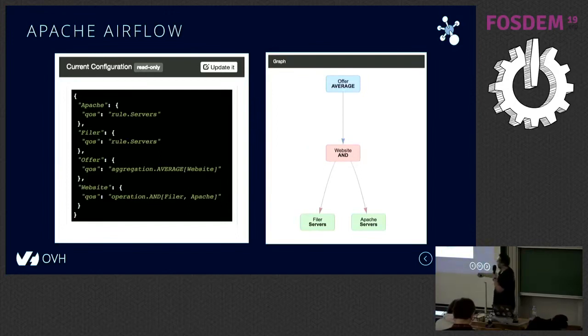So in the web UI, or using the API, the user tells us he needs to use rule QoS for Apache and Filer, an aggregation for the offer, and an operation for the website using the Filer and Apache nodes. It's the web UI representation.